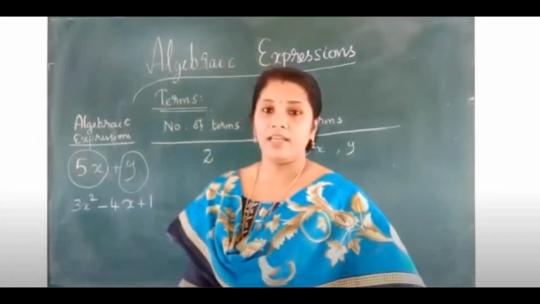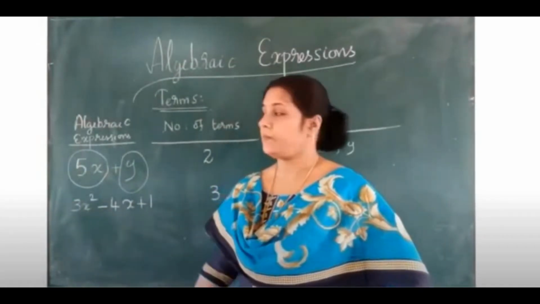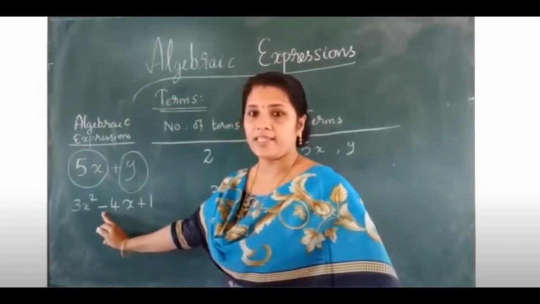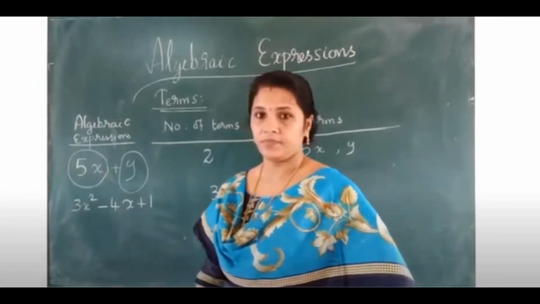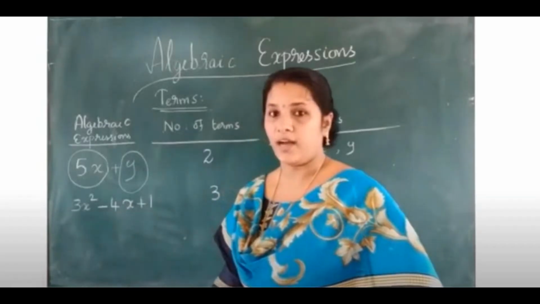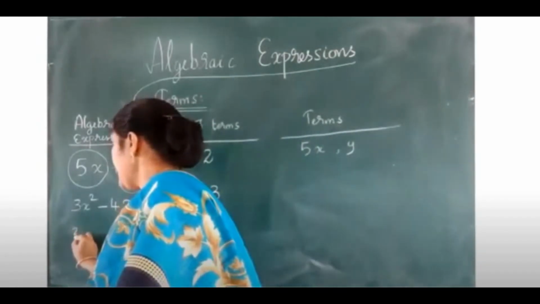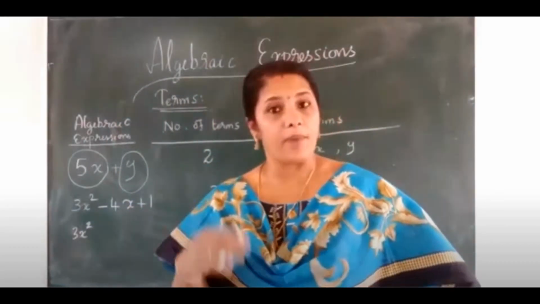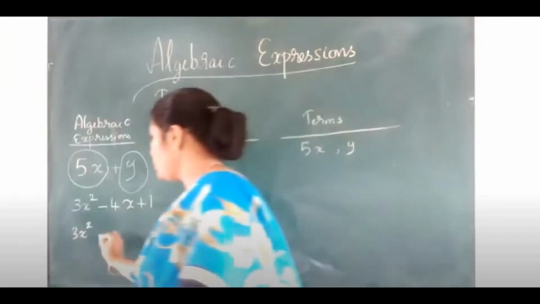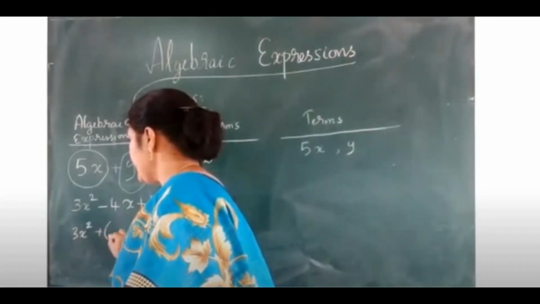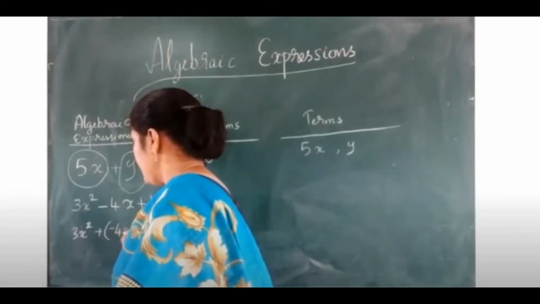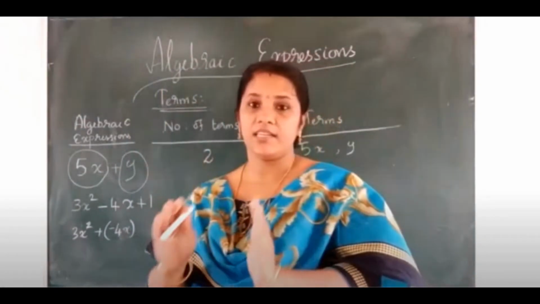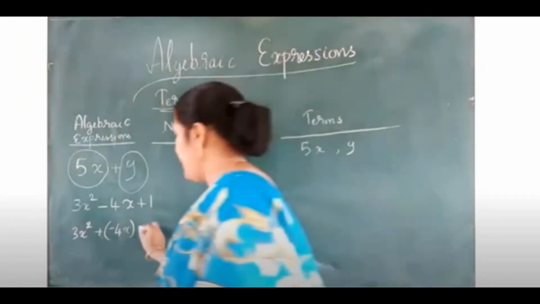Now, tell me, which are the 3 terms? 3x square minus 4x plus 1. I can rewrite this as 3x square plus minus 4x plus 1.